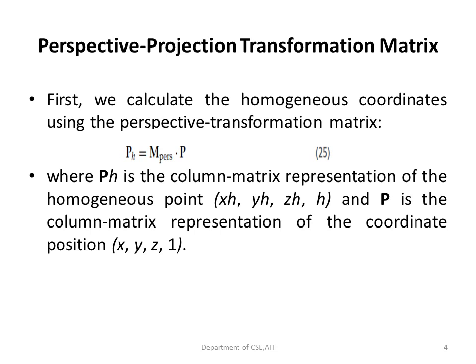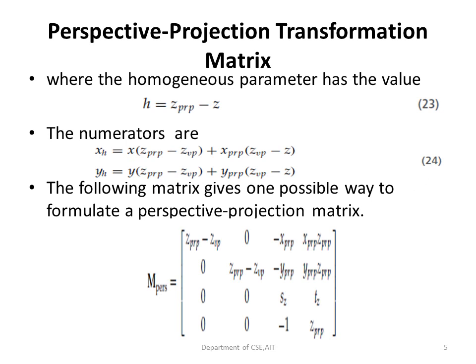So we can go for z transformation normalization by using the zp coordinates. The homogeneous parameter depends upon the z parameter. So the projection reference point on the z is taken as the supporting term for the homogeneous coordinate system, as in equation 23.